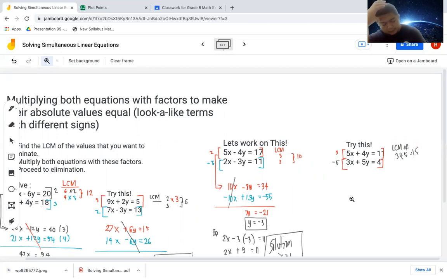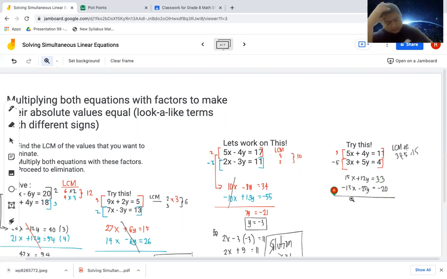So the first equation set up will now become 15x plus 12y is equal to 33. And then this one will give me negative 15x minus 25y, if I'm not mistaken. Yep, minus 25. And this is going to be minus 20.